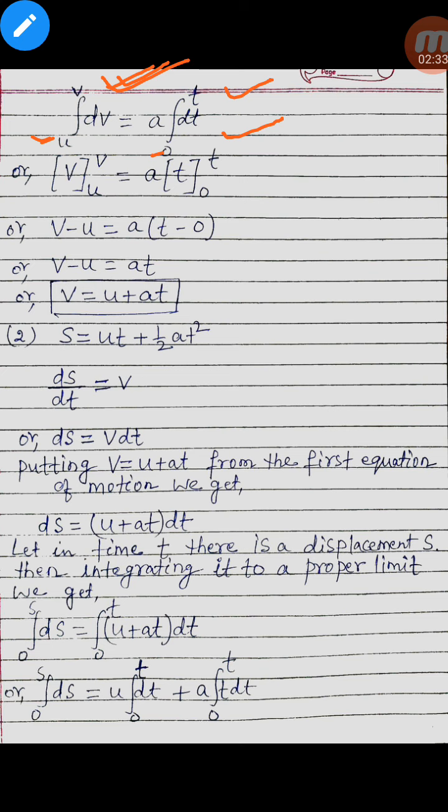So v with upper limit v and lower limit u is equal to at with upper limit t and lower limit 0, or v minus u is equal to at minus 0, or v minus u is equal to at, or v equal to u plus at. Therefore v equal to u plus at. This is the first equation.